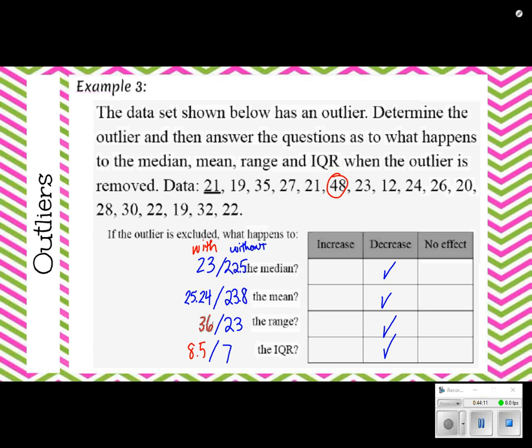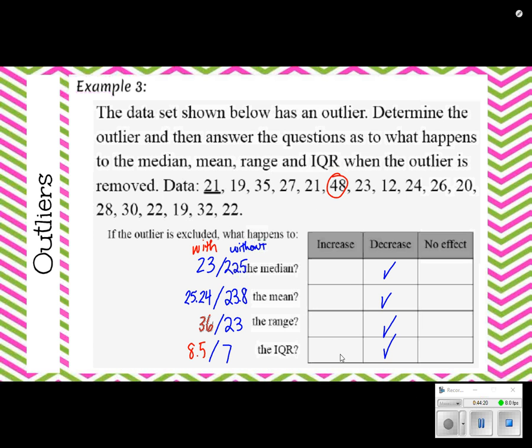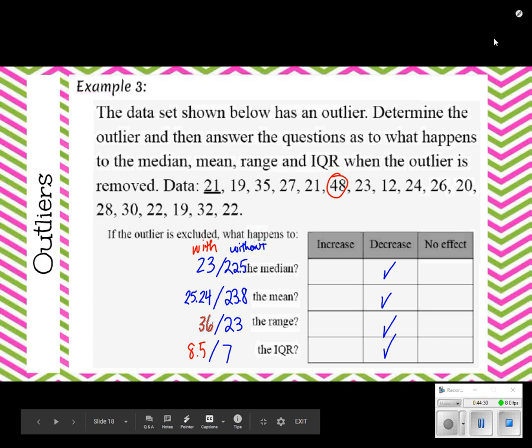So just keep in mind that sometimes everything decreases. Sometimes things will increase, like if I get rid of a lower end outlier, things might increase. There might be no effect, so if I get the same number, there might be no change. So that's how you're going to compare two sets of data by throwing out an outlier.